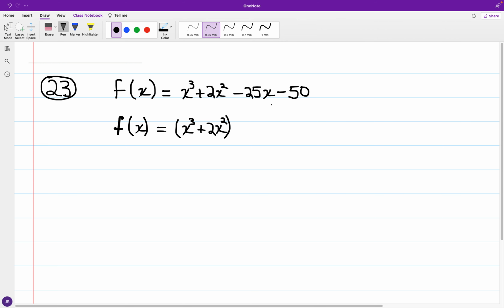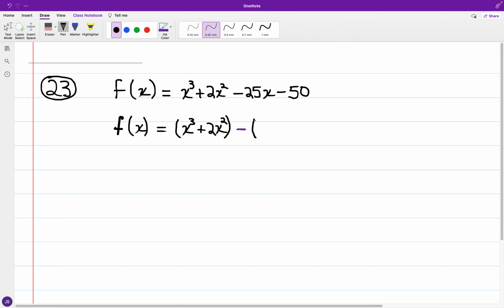Notice we have the last two terms. The operation that separates the first two terms from the last two terms is subtraction, and if I quantify that, it represents minus 25x minus 50, factoring out the -1 to represent the subtraction portion.